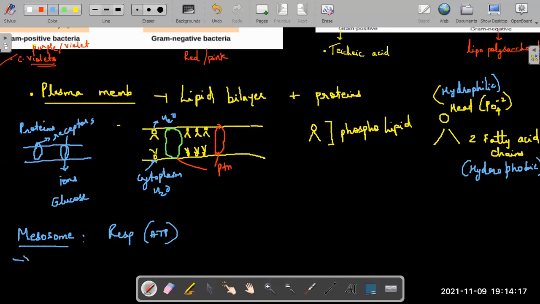Now, it is just mesosomes which are involved in cell wall formation. They help in cell wall formation in the new bacteria, during cell division. So during cell division, a new bacterial cell will be formed, correct? So for that, a new cell wall has to be arranged. Mesosomes do this work, okay?